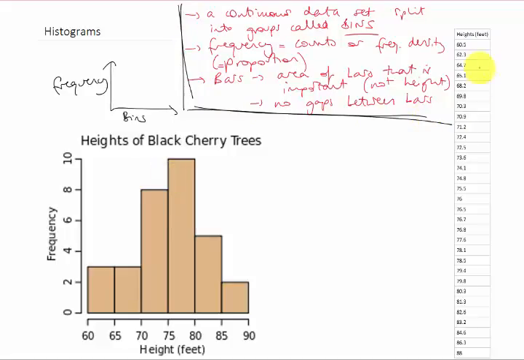Here we've got the heights of all these different cherry trees. 31 different cherry trees have been measured, and we want to make that into a histogram so we can see the general distribution. That's what it's useful for.